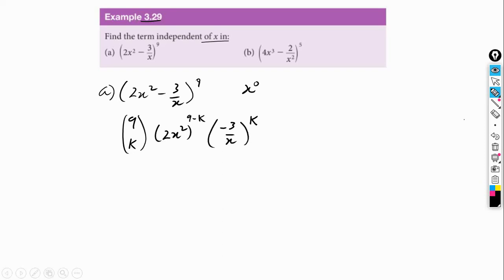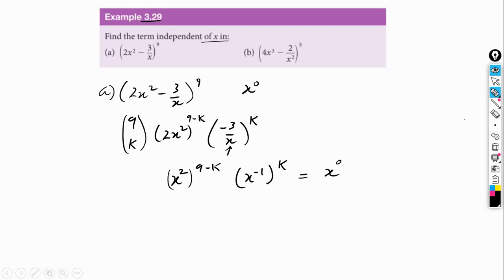All right, let's just focus on x because that's what needs to be canceled out. So in other words, we can rewrite this just in terms of x. We would say x squared to the power of 9 minus k, and then this times x to the minus 1, right, because it's below. So x to the minus 1 to the power of k. When is this going to equal x to the 0? In other words, for which value of k will x cancel out?